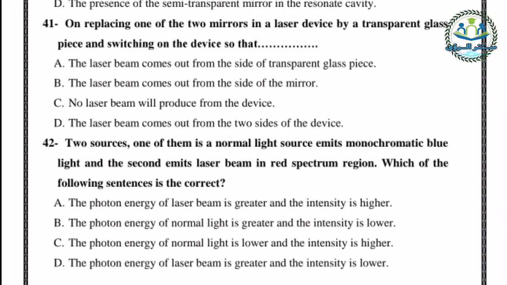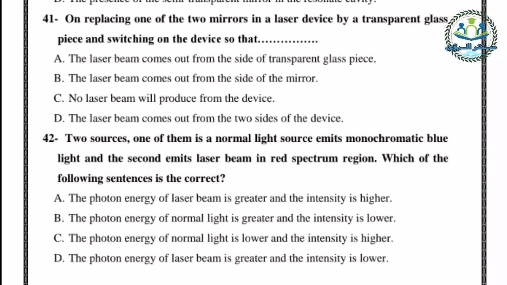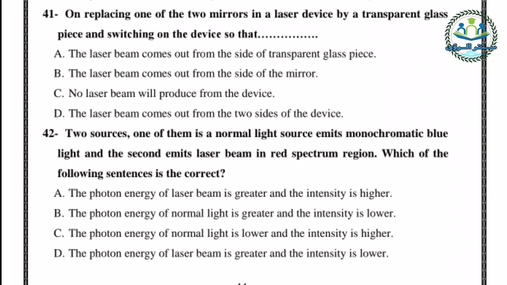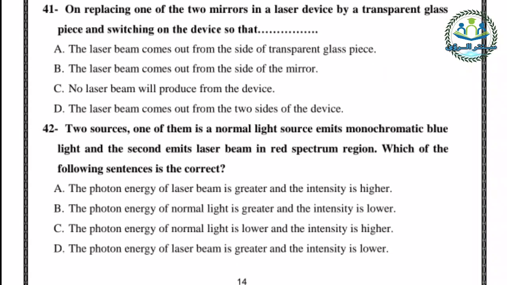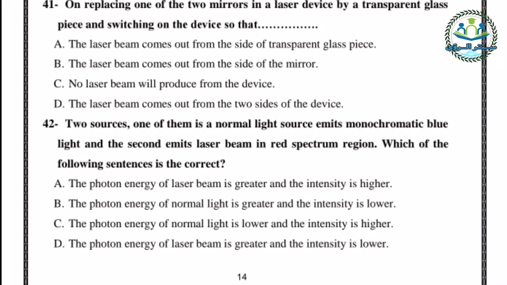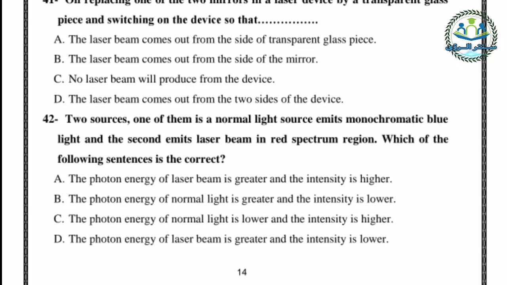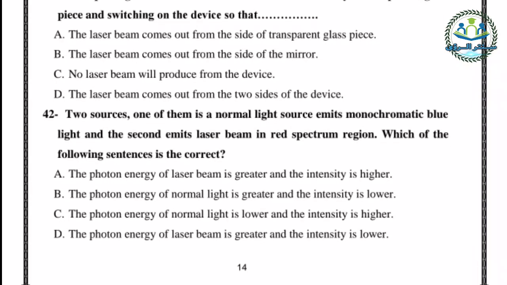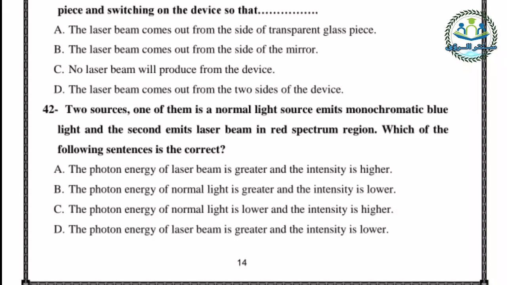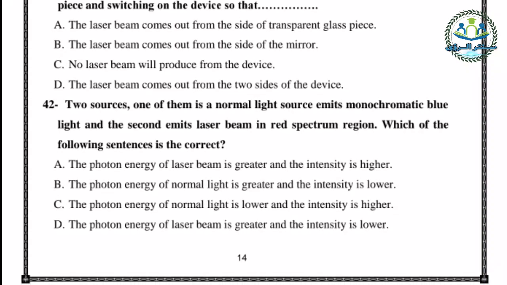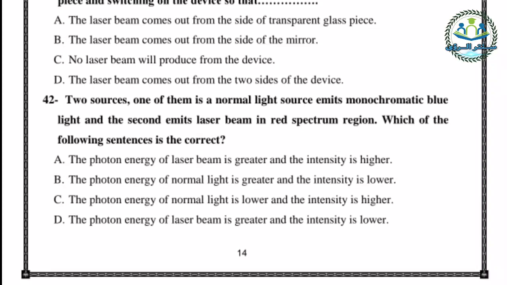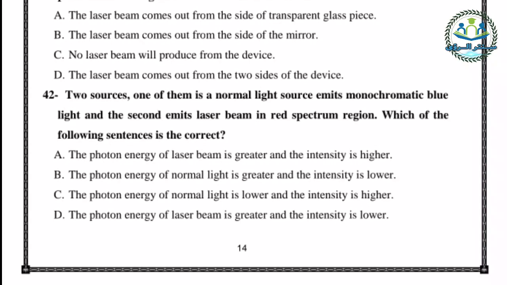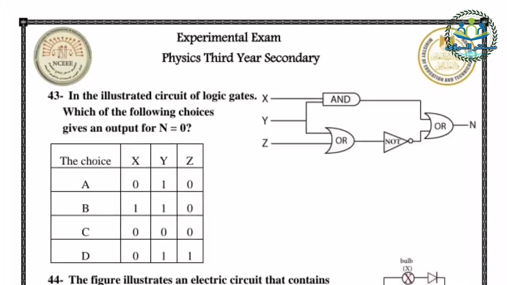B. The photon energy of normal light is greater and the intensity is lower. C. The photon energy of normal light is lower and the intensity is higher. D. The photon energy of the laser beam is greater and the intensity is lower.